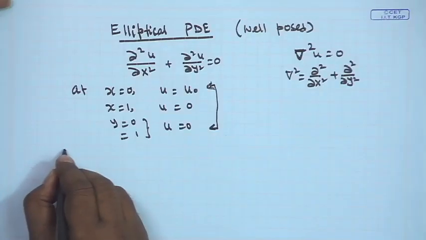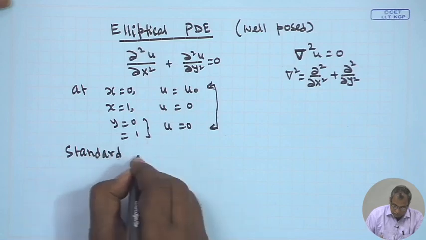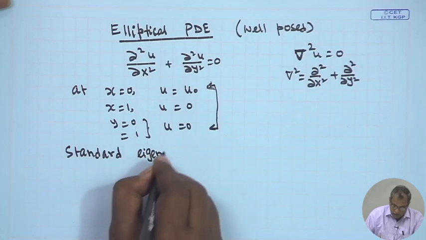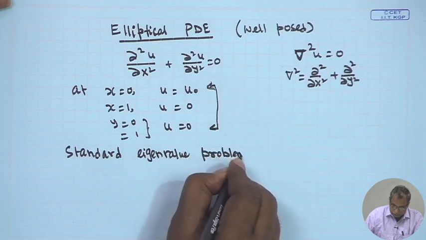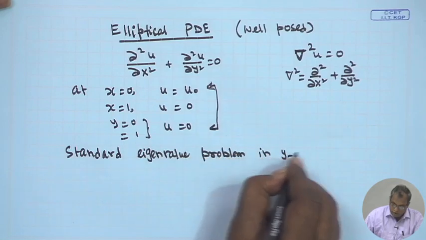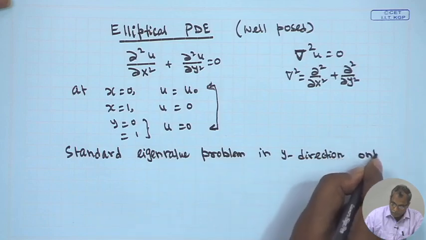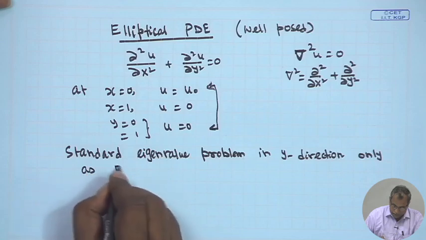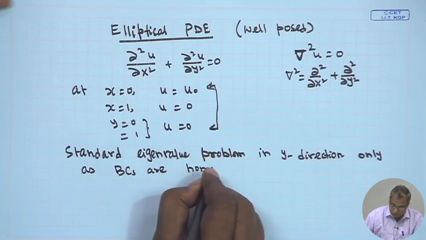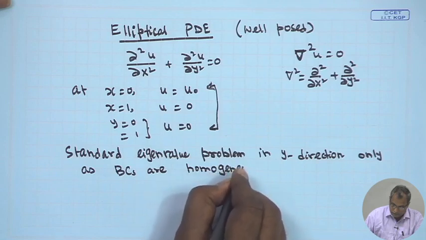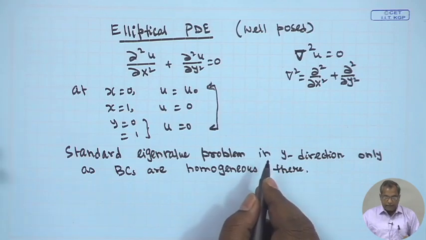So, we will be having a standard eigenvalue problem in y direction only, as BC's are homogeneous there. So, again it is a linear operator.